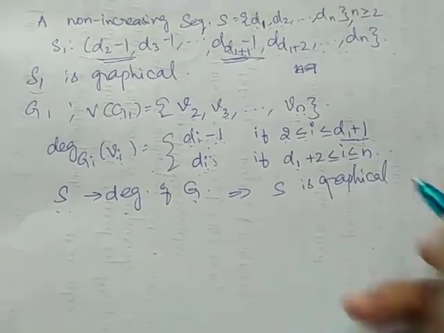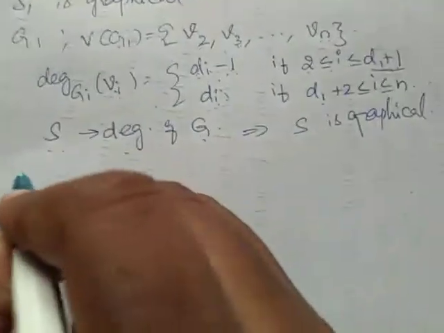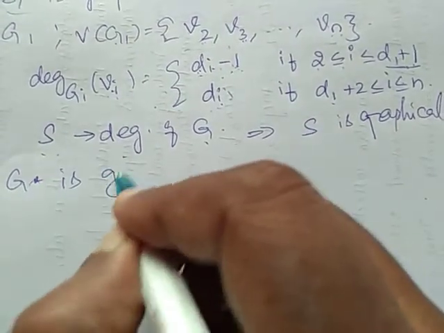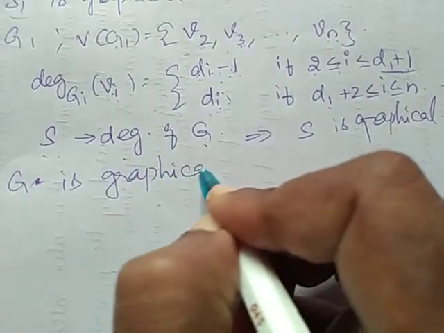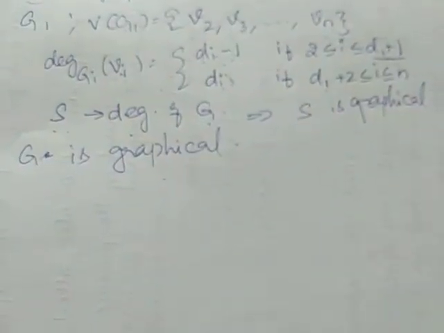Now we have to prove the converse part. Our data is that G is graphical, which means S is graphical. Now we have to prove S1 is also graphical.